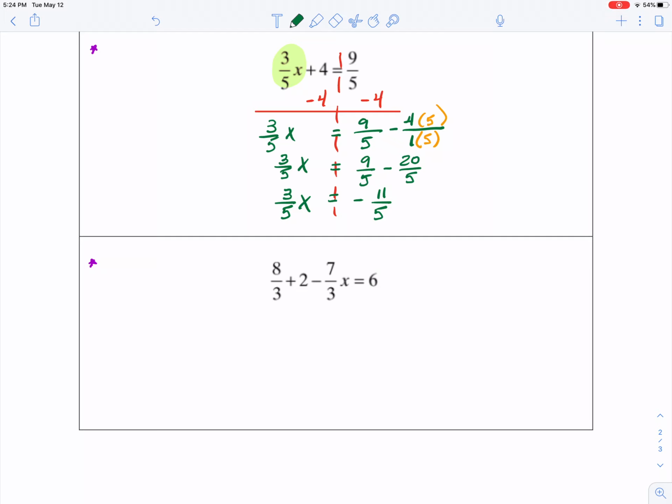So if you remember, in some of our previous work, we had a coefficient on the variable that was a fraction. We inserted these brackets around the equation, and we came back in and we multiplied by the reciprocal of whatever the coefficient was on the variable term.